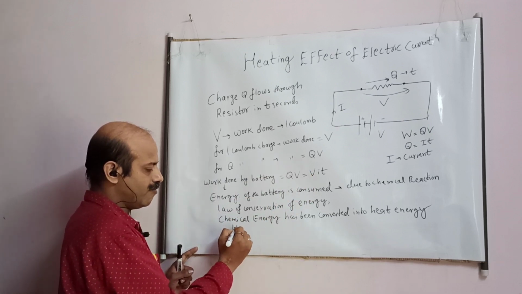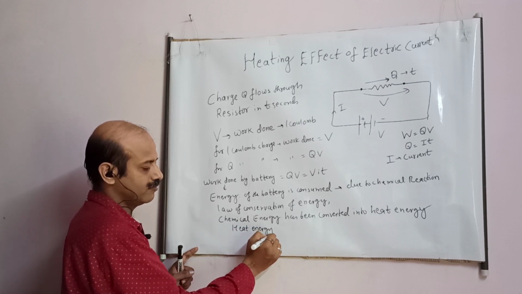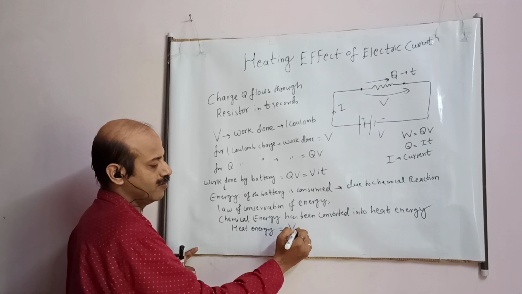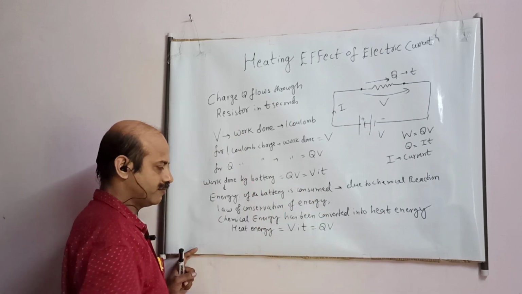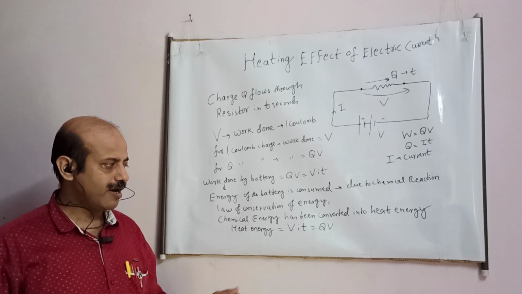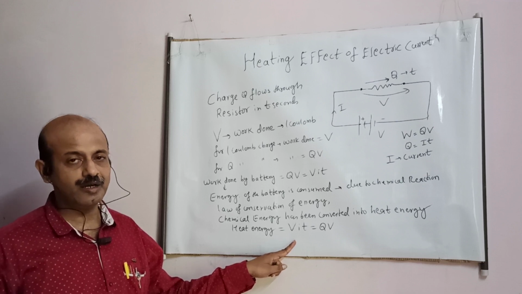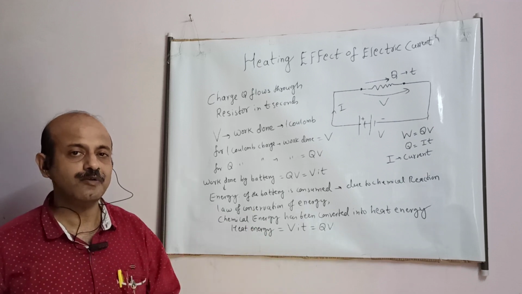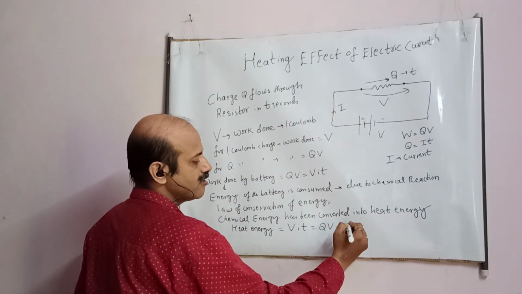So now I have a formula of heat energy: VIt, another formula QV. So student, this is the formula for heat which is generated across the device where the electricity is flowing. And here the device, or the appliance, is a resistor.